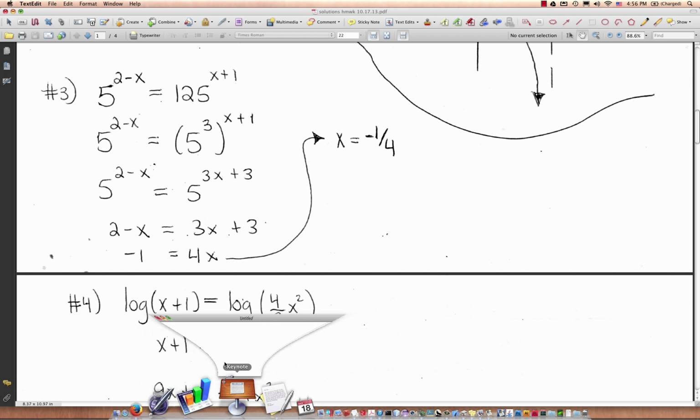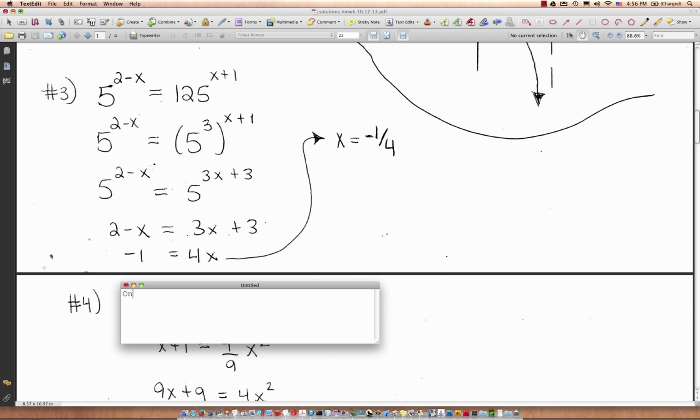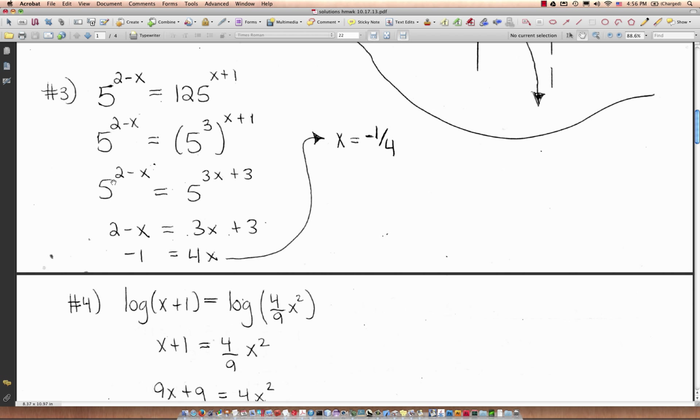The one-to-one property says that we can drop the bases. And so when we do that, we get 2 minus x is 3x plus 3. -1 equals 4x, so x has to equal -1/4. And that's the solution to this equation.